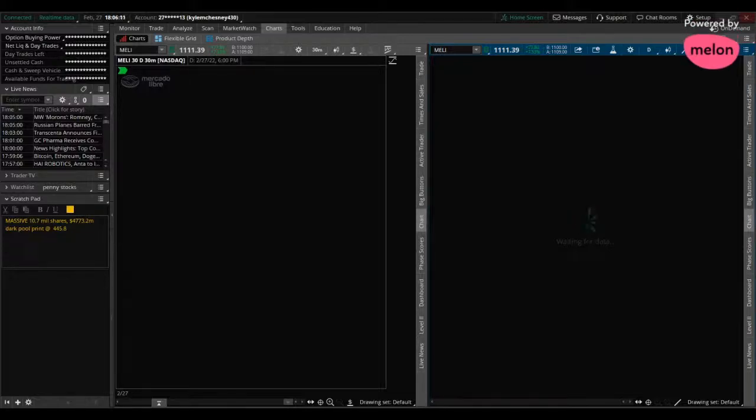Let me see if I can share with you guys. Okay, I'll just do it on my TradingView. Give me a second here, because something's going on with my TD and I don't know what's going on with it. So I just got to switch my screen.